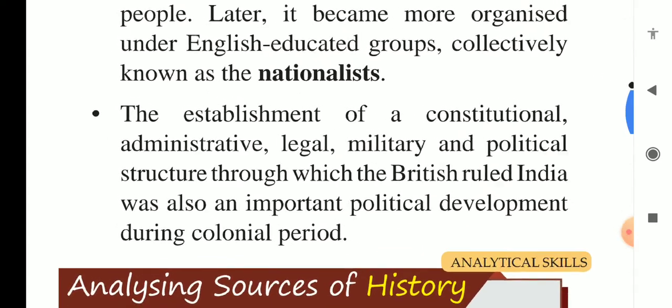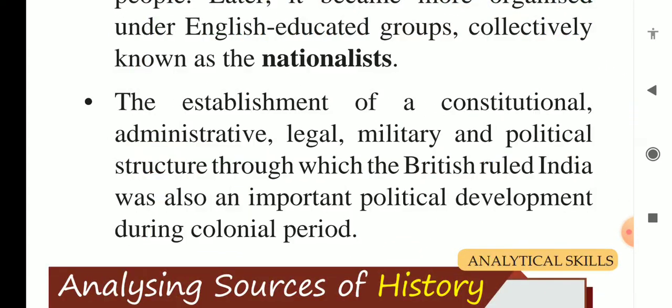Next, the establishment of a constitutional, administrative, legal, military and political structure through which the British ruled India was also an important political development during the colonial period. As we discussed earlier, before the arrival of Britishers, there was no uniform culture all over the Indian subcontinent. There were nearly 600 or more princely states, and there were no same rules in those princely states. So there was no uniformity.